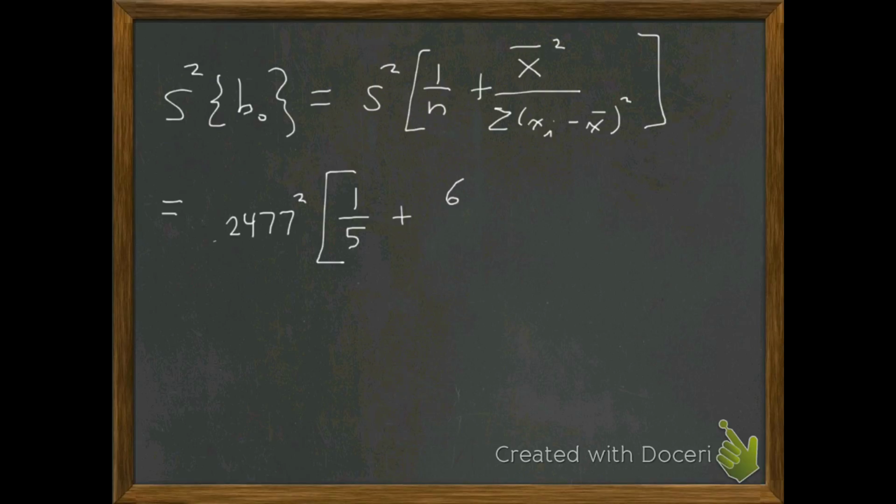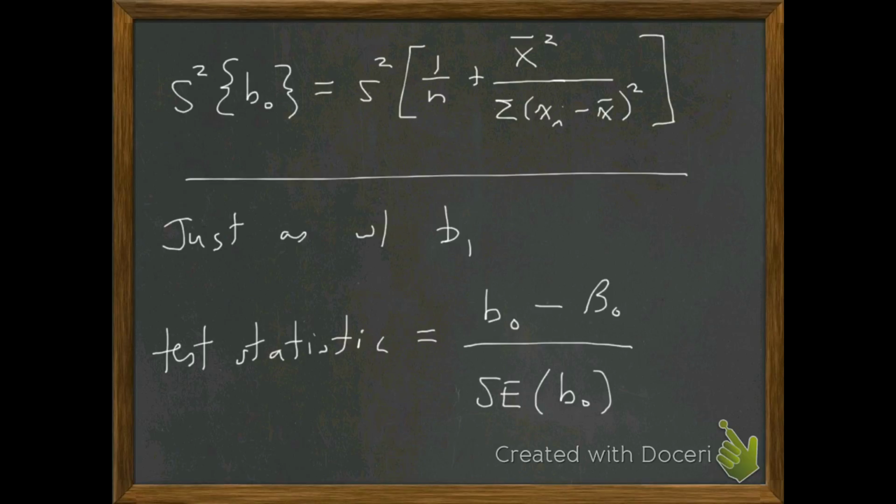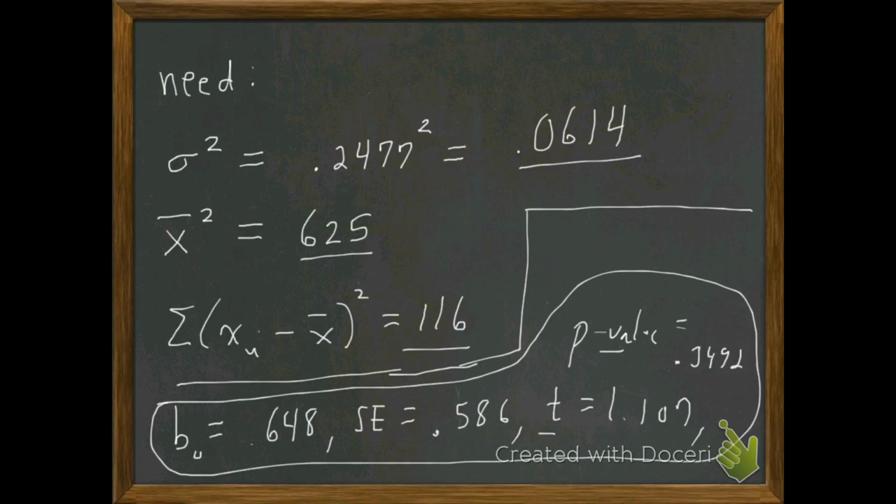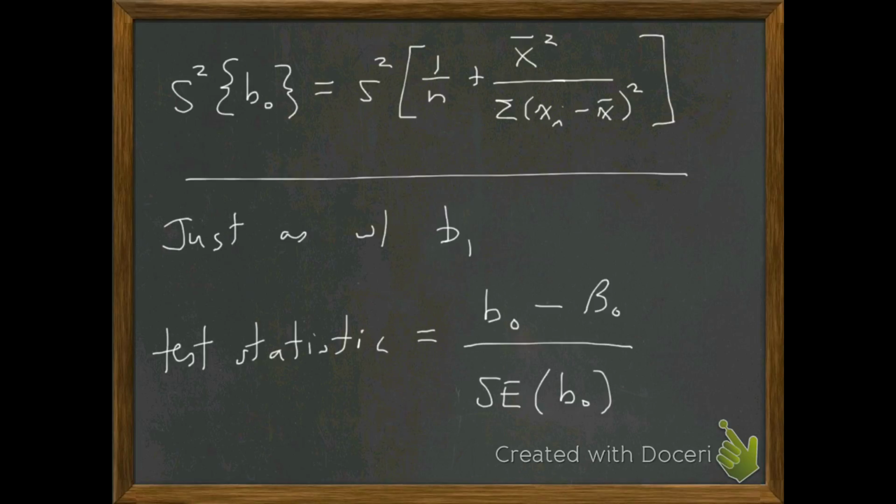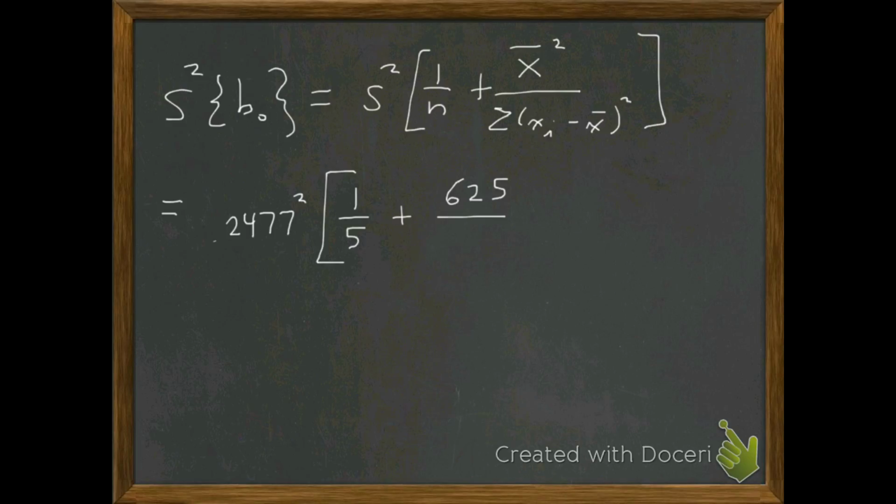Our mean was 25, so that squared is 625. I can't remember the sum, I think I do. Yeah, 116.